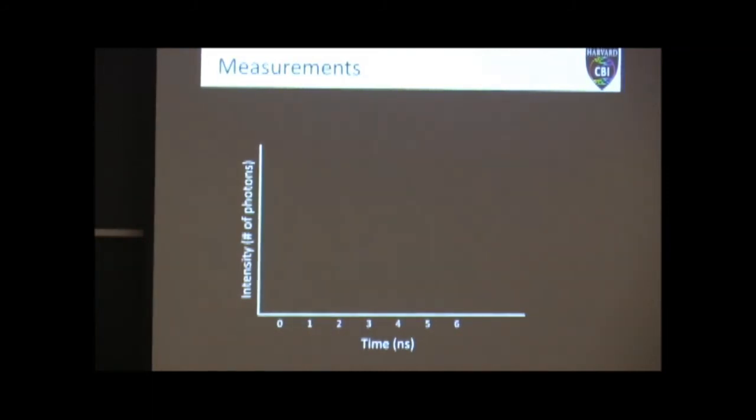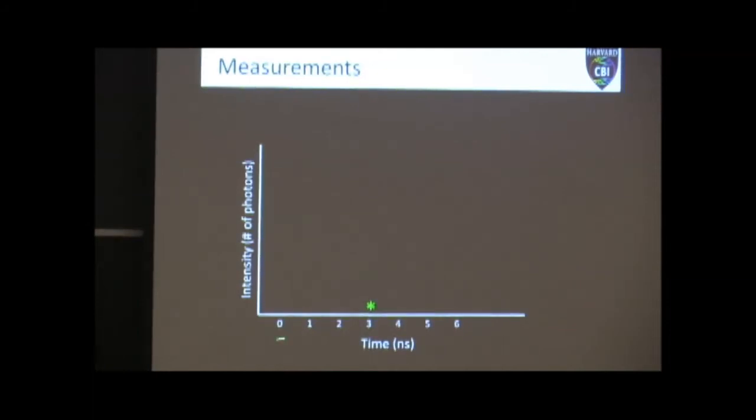And this represents time after that initial pulse from our laser. Okay? So what happens is our laser fires a pulse. We get excitation of our fluorescent dye, and then we have relaxation, and we eventually release a photon, which is then detected by our detector.